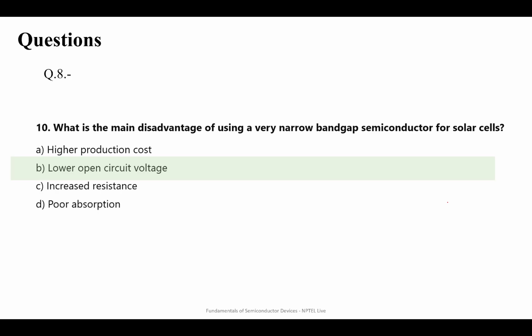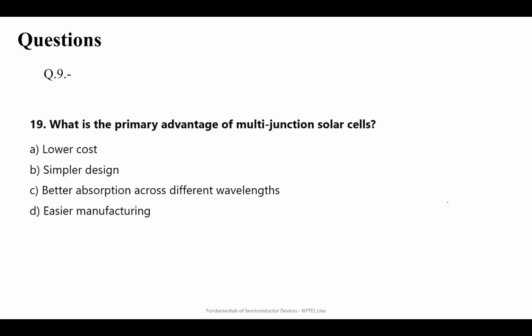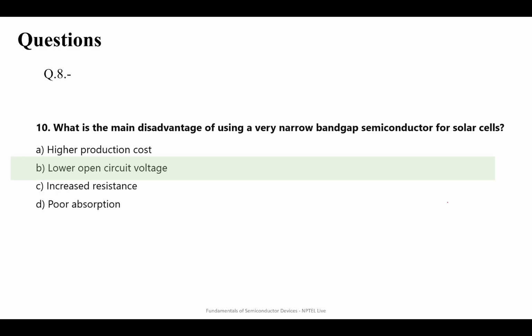But there is a problem here: I am getting a very low open circuit voltage for this band gap. Why do you think that is? Sir, if you apply a band gap of 0.1, 0.2 eV, for a very little photon energy every electron starts conducting. A huge current is there. But we want maximum current and maximum voltage, right?